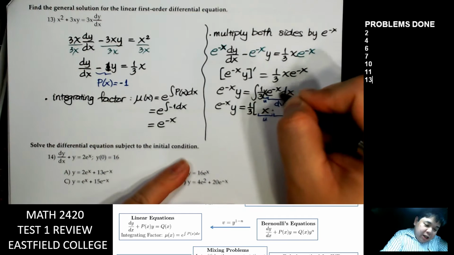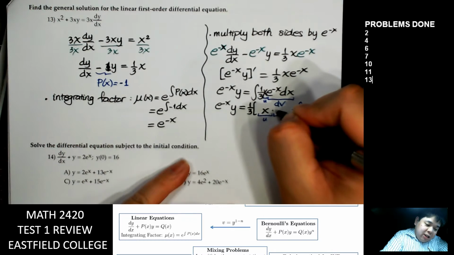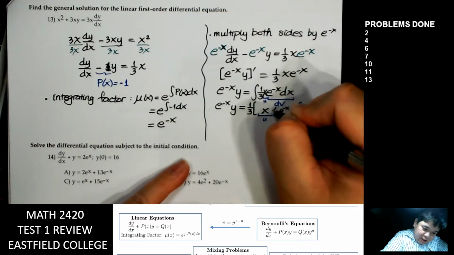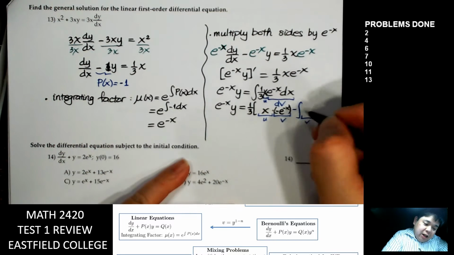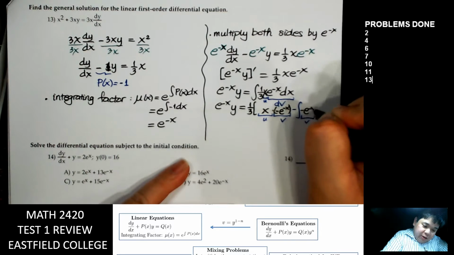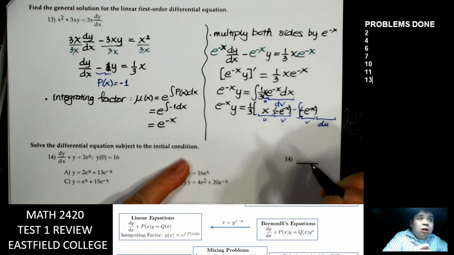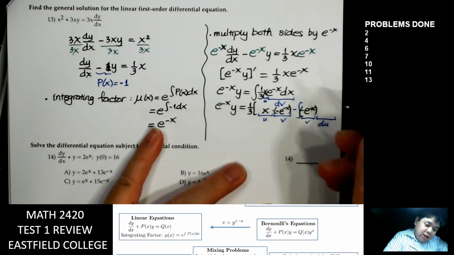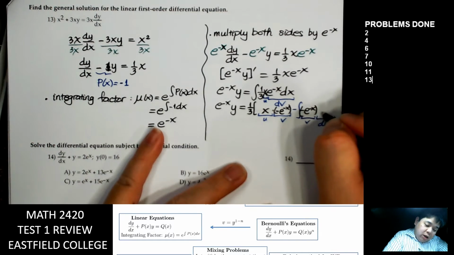V, the integral of e to the negative x, is negative e to the negative x, and du, the derivative of x, is just 1, so just dx.